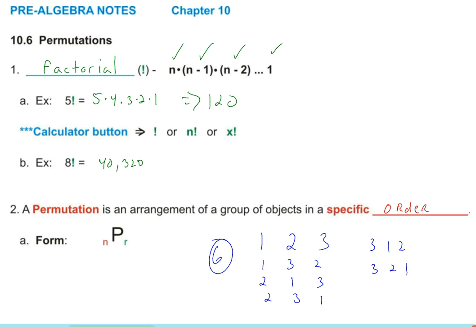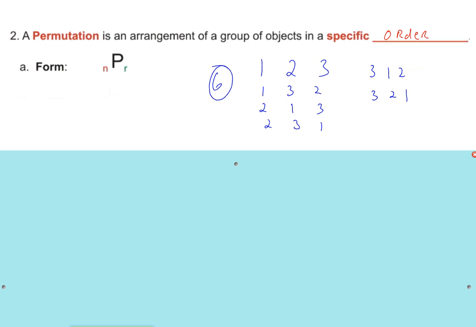All right. Windows doing strange things. So here's the form. Capital P for permutation, a subscript on the lower left, and a subscript on the lower right. So take your red. The n tells you the total objects available.